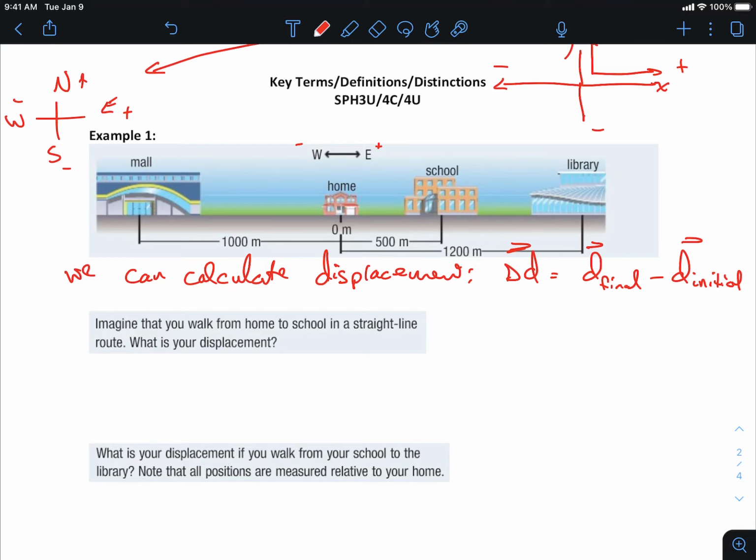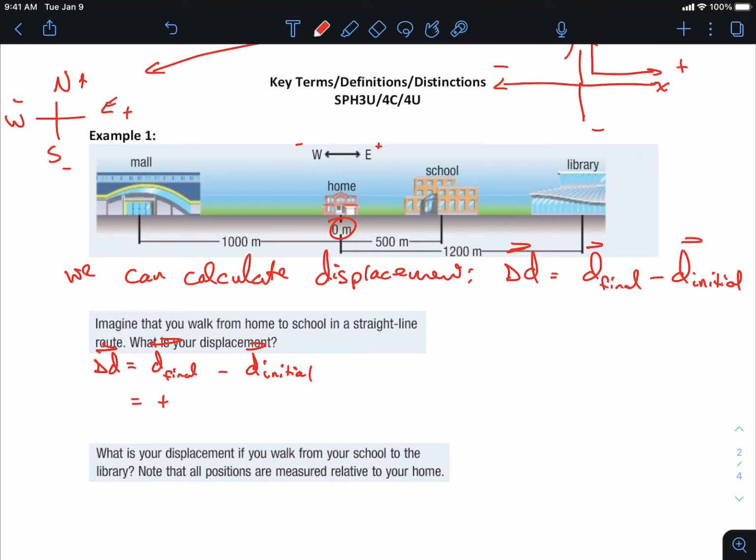So imagine we're walking from home to school in a straight line. Okay, what's going to be your displacement? Well, delta D is always D final minus D initial. And as we go through this, the next one, I won't be writing the full word. We'll write df di as we go through here, okay? So D final, remember, we're always referenced to 0. We went 500 to the right, right? So that's positive. We went east.